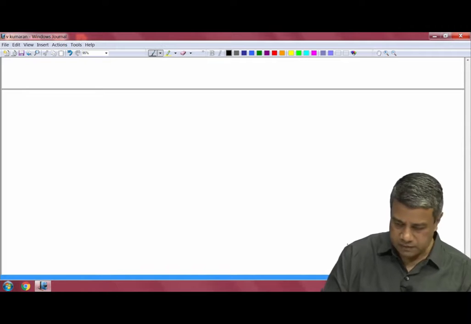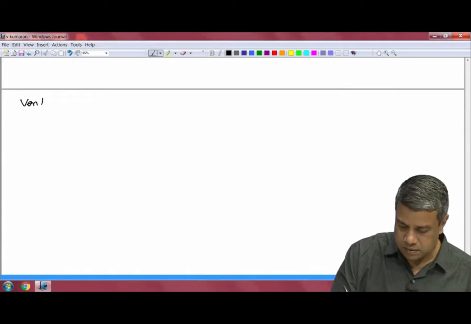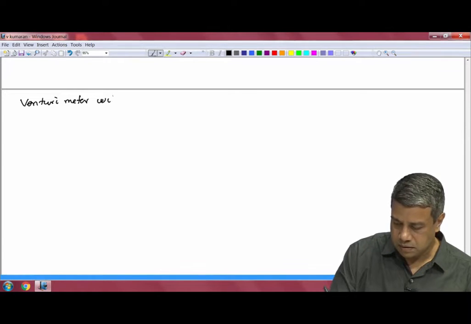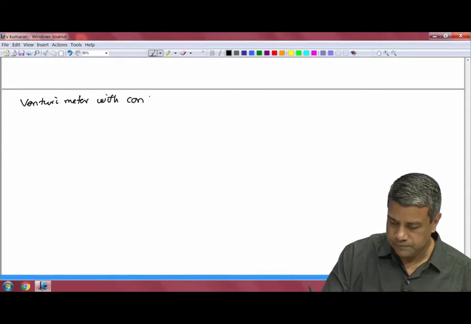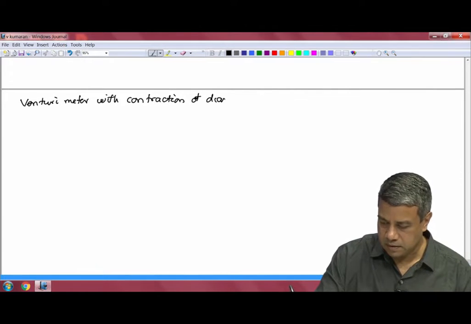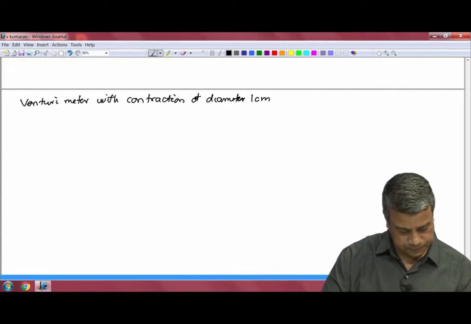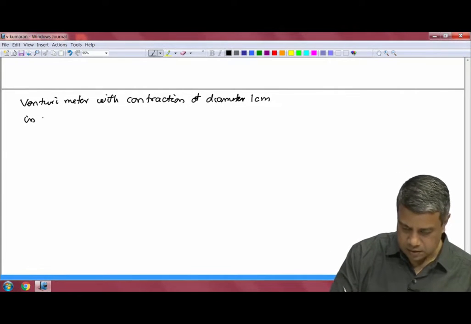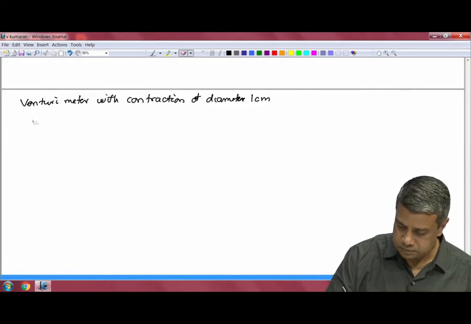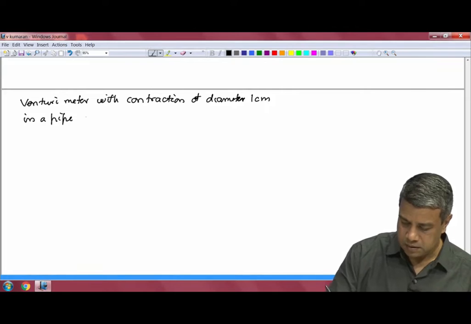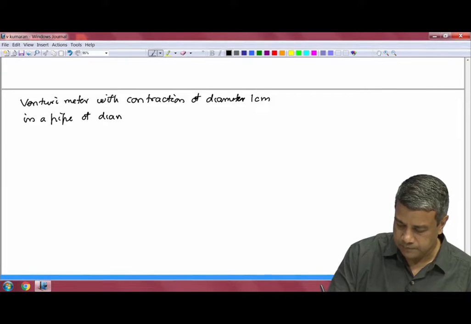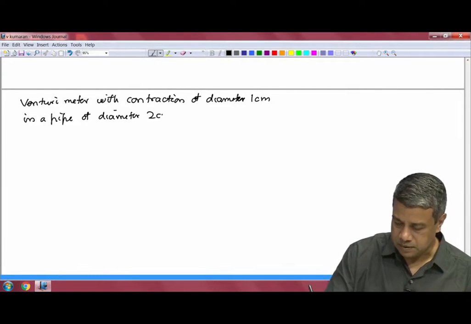If I have a Venturi meter with a contraction of diameter 1 centimeter in a pipe of diameter 2 centimeters.